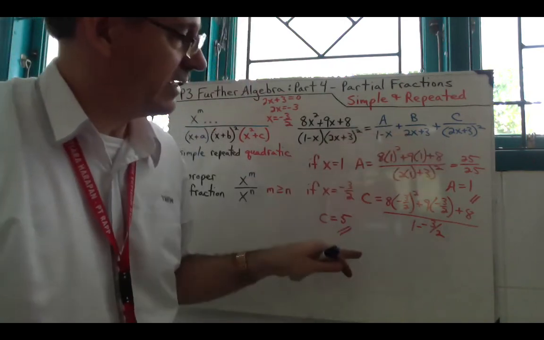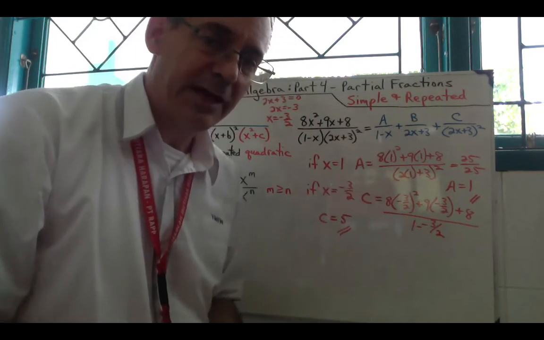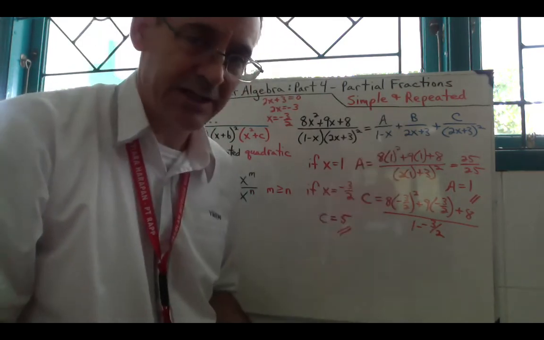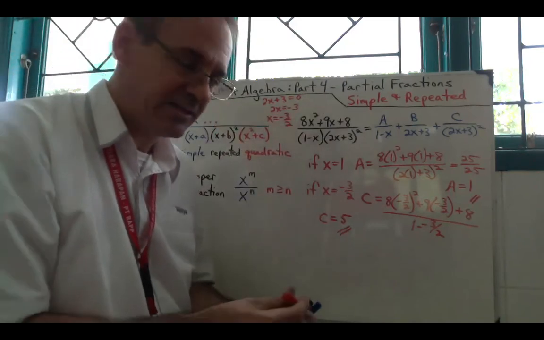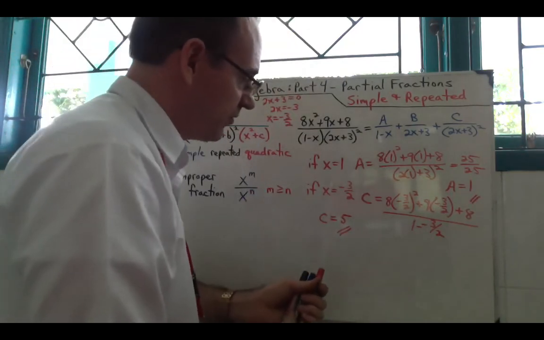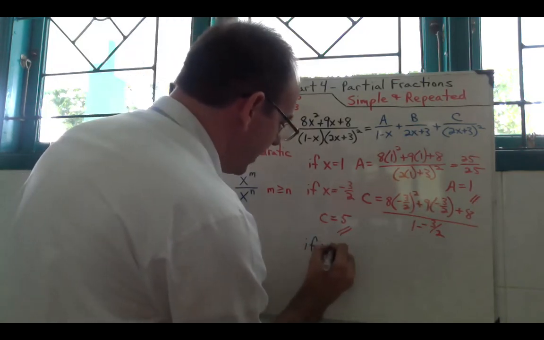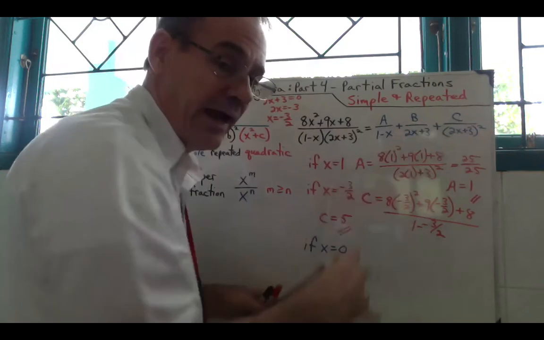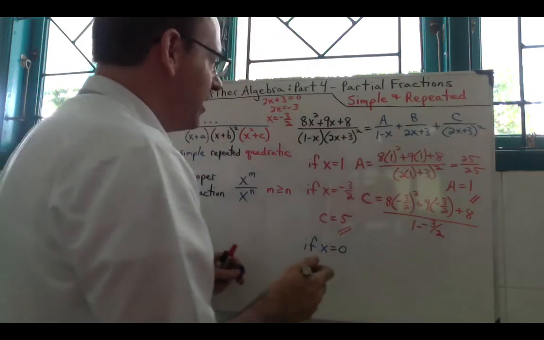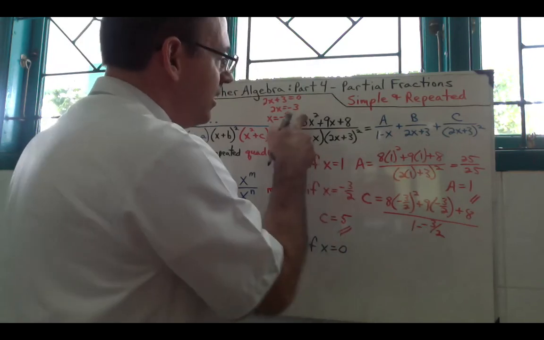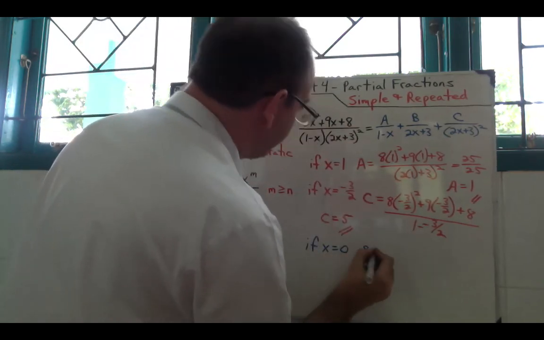Now that we have A and C, now we can come back and pick a random value for X in order to get B. The easy one again is 0 because it cancels out a lot of stuff. So if X equals 0, and you don't have to multiply the factor through, you can just leave it and make an equation out of it. So if we plug in 0, we get 0, 0, 8. So we have an 8 on top.